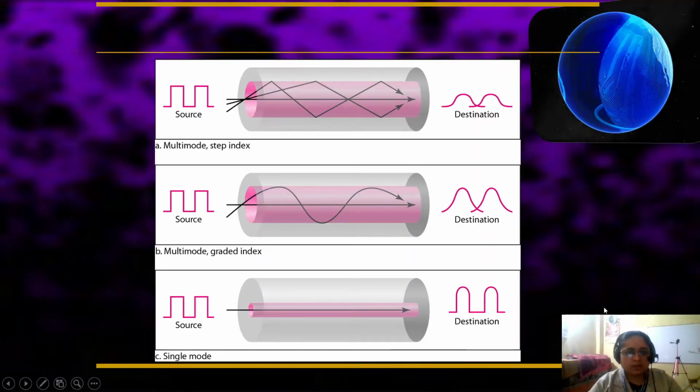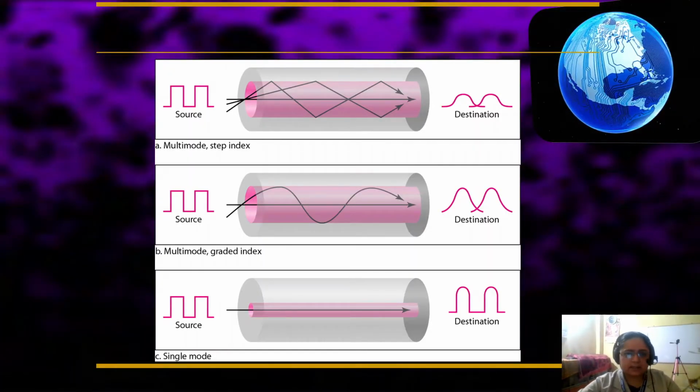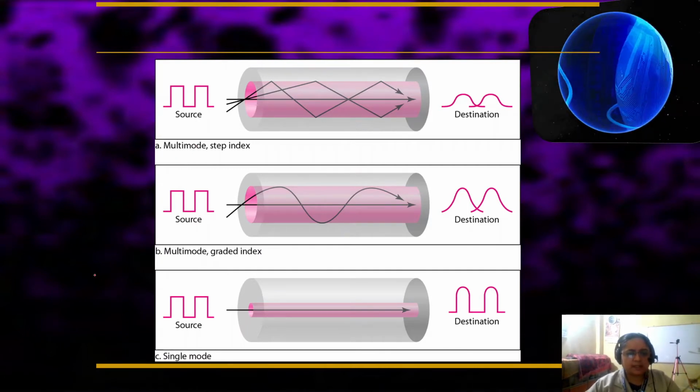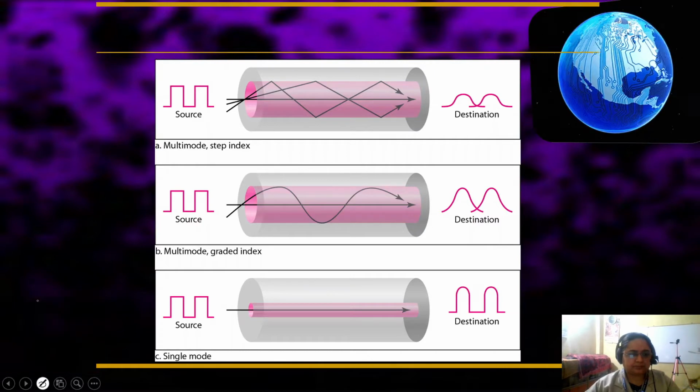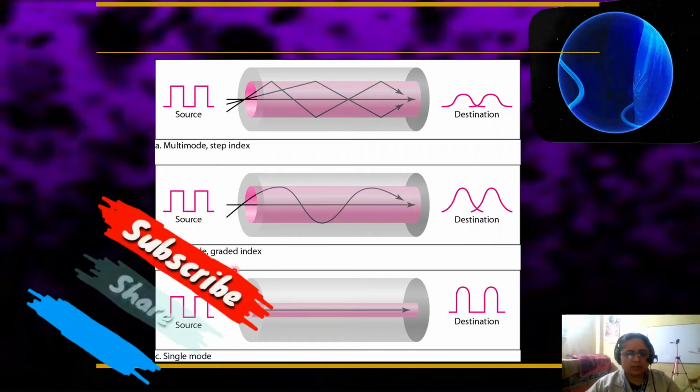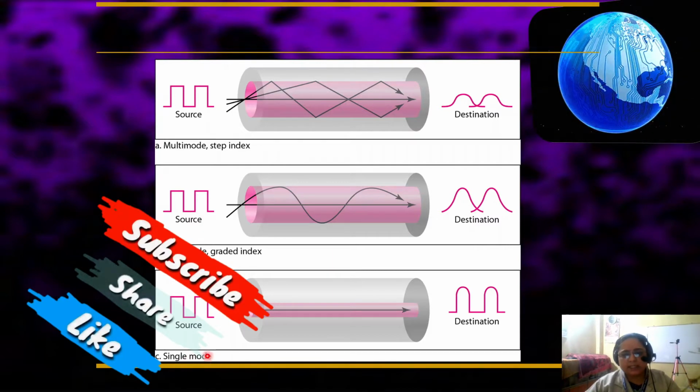As you can see over here, we have certain standards of fiber optic cables which we had already discussed in the previous class. We have the multi-mode step index, we have the multi-mode graded index, and we have the single mode.